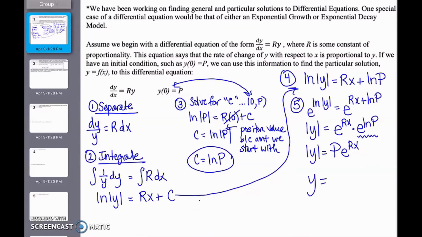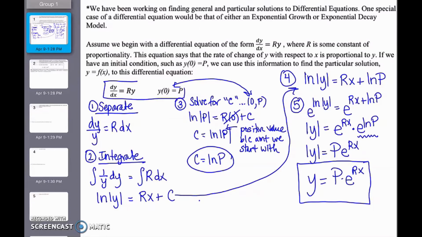So we're going to say y is equal to P times e to the rx power. I want you to notice that the solution to our differential equation with our initial value, this relationship, is always going to be the same.